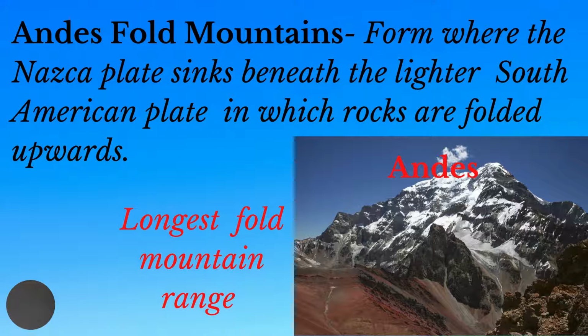Now, an example of a fold mountain that is formed this way is the Andes Fold Mountains, which is formed where the Nazca Plate and the South American Plate meet. The Nazca Plate is an oceanic plate, while the South American Plate is a continental plate. The Andes Fold Mountains is the longest fold mountain range on the Earth.